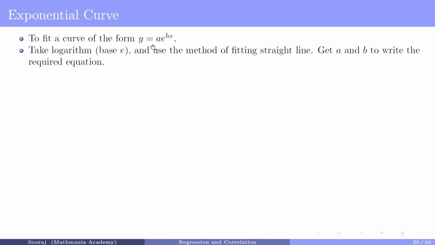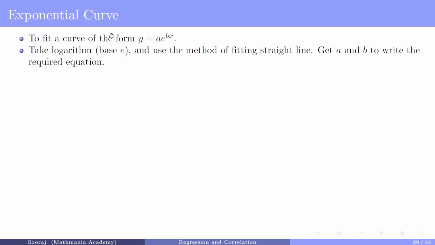For that purpose, we will take the logarithm on both sides, a logarithm to the base e. In that case, it would simply be log y, and the right side gets split into two things, log a plus bx. Be it a or log a, it is a constant. And bx seems to be linear.